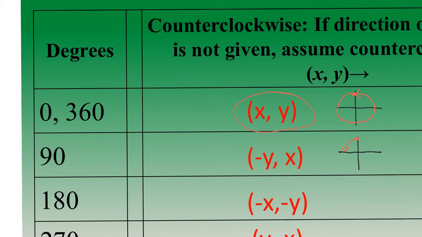If I wanted to do a 180 degree rotation, that would mean that I'm starting here and I'm going halfway around a circle. My rule here is x and y are going to stay in the same place, but we're going to change the signs.